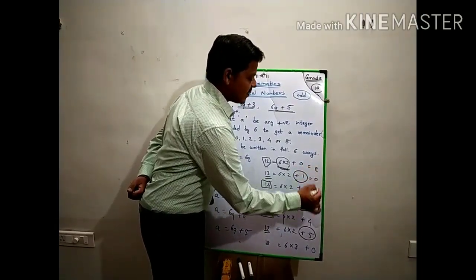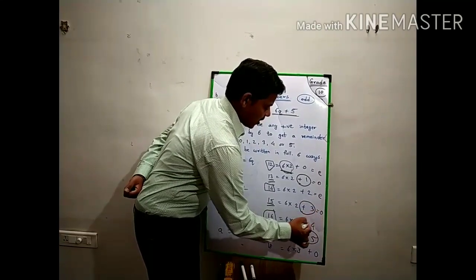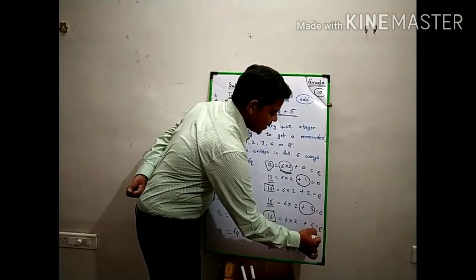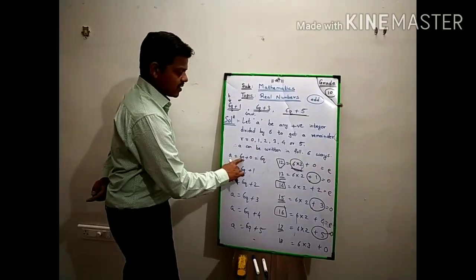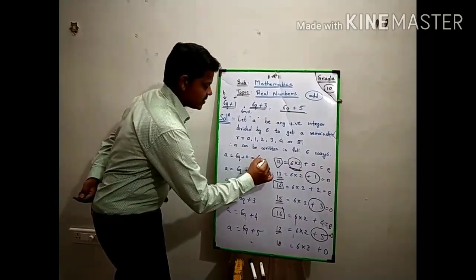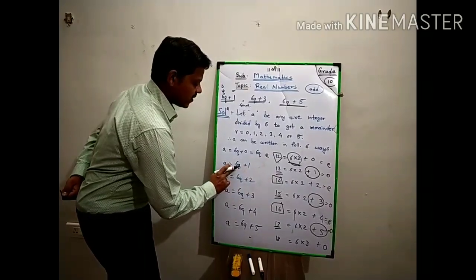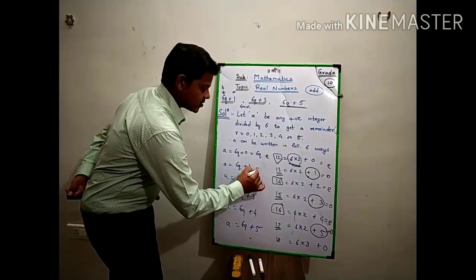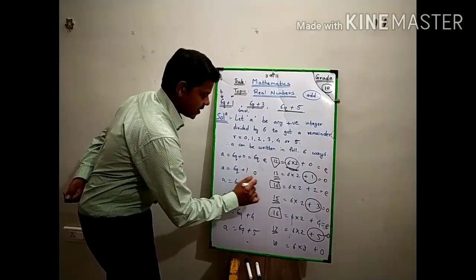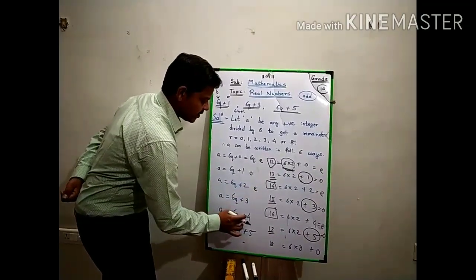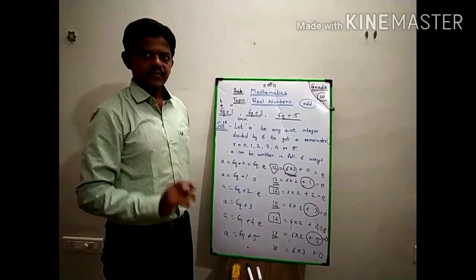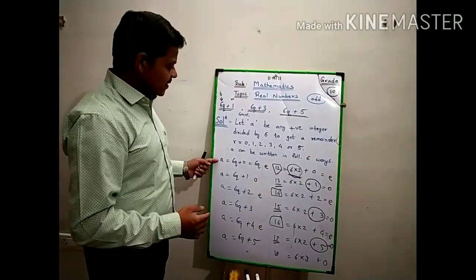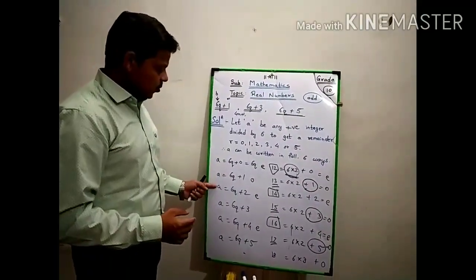Even plus odd is odd. Hence, even plus even is even. Even plus odd is odd. Right? So that's what we have said.